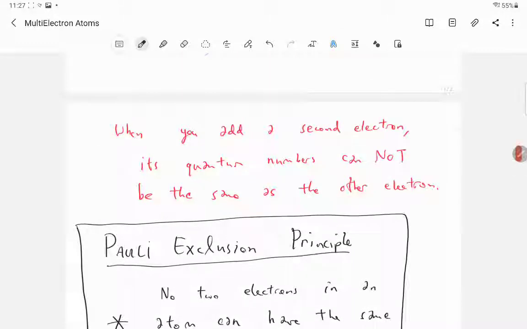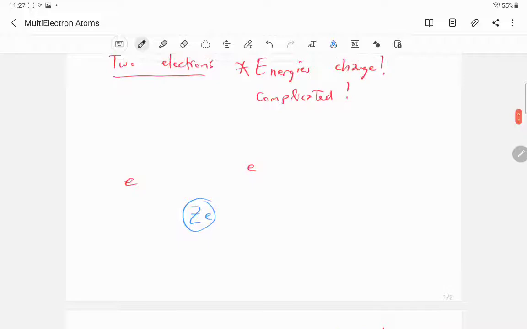And the way that we're going to use it is we're going to imagine as we build our atom, as we invite a second electron in, we're just going to remember that the two electrons are not allowed to have the same quantum numbers. That doesn't mean that they can't both have the same n value. So here's an example of two different sets of quantum numbers that have the same n value.